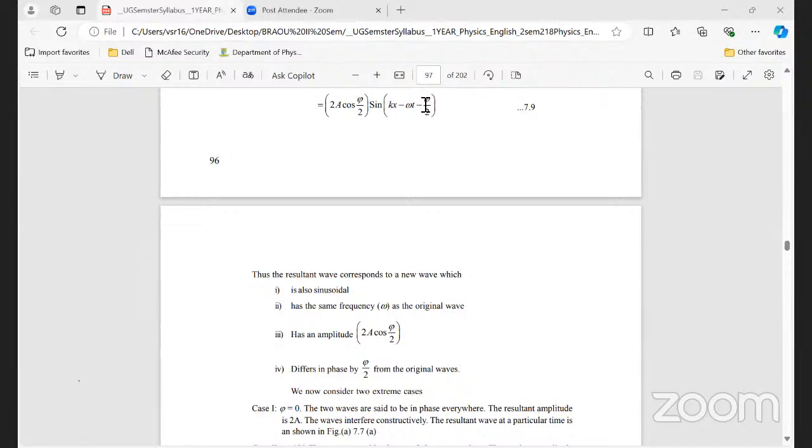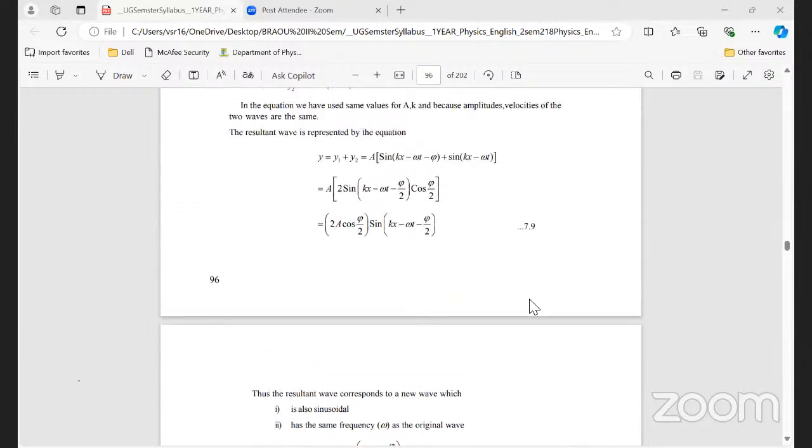How much is it going to differ? That is phi/2.